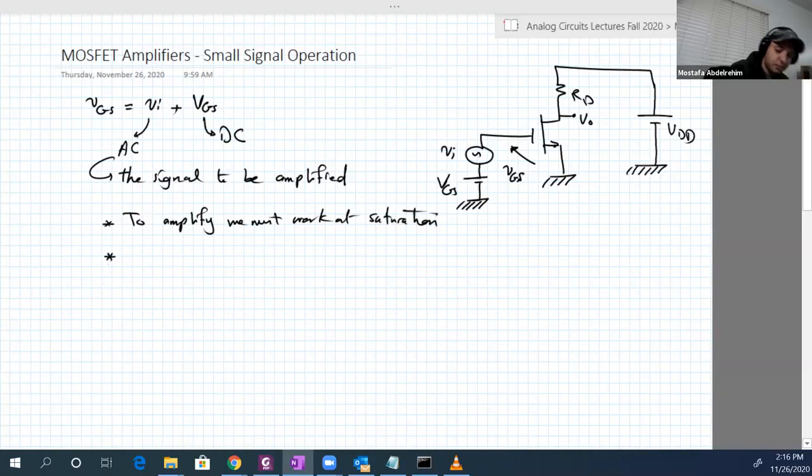Number two, most of the time, since we want to amplify something, this something should be small, right? So we have many cases in which the input is very small.